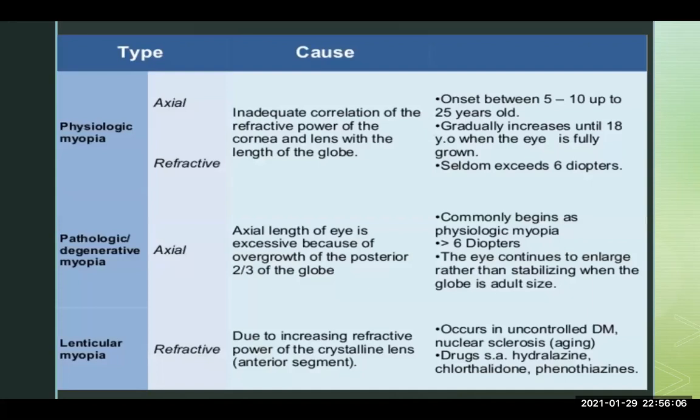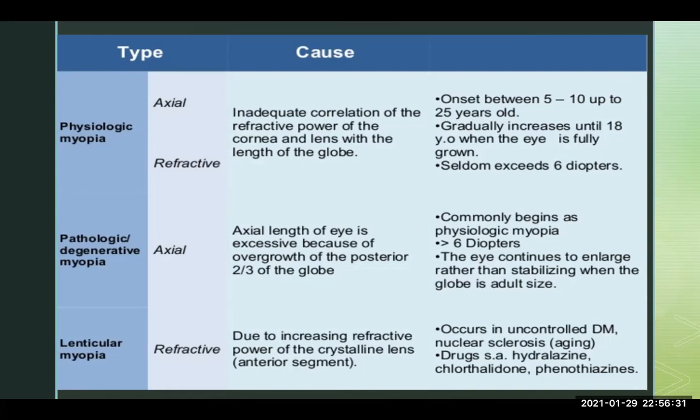Types of myopia. There are many types: physiologic myopia, pathologic or degenerative myopia, and lenticular myopia. Physiological myopia is either axial or refractive. Axial is related to the axial length of the eye, which is longer, so this is called axial myopia.